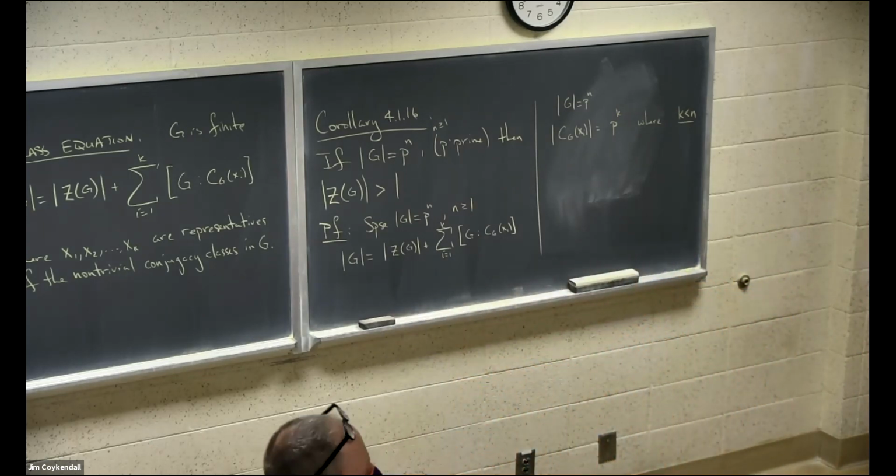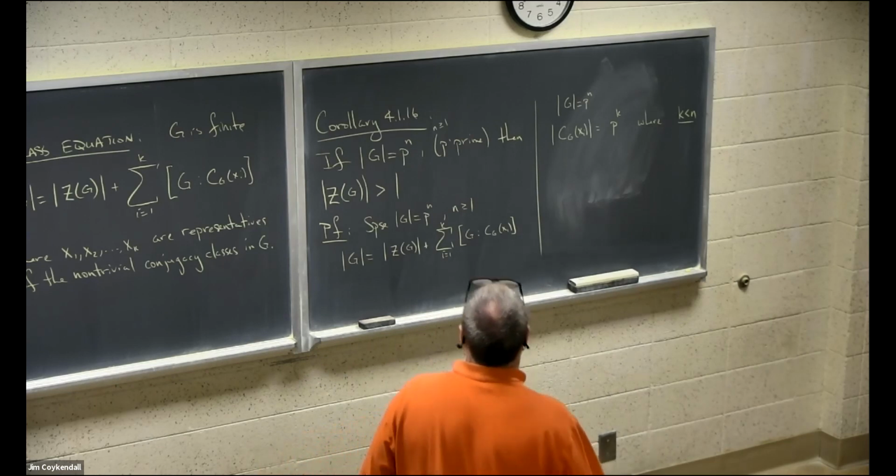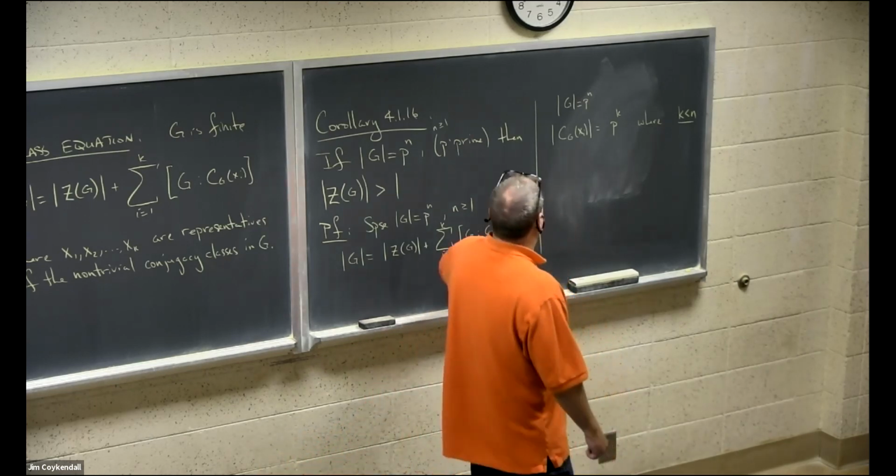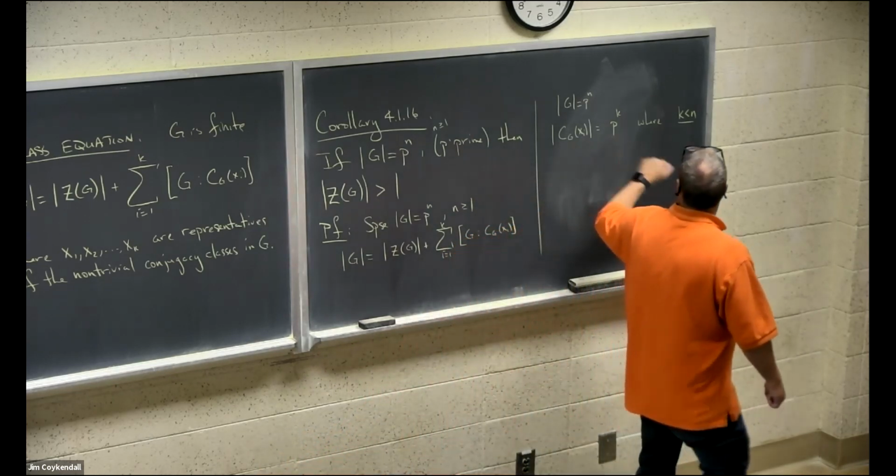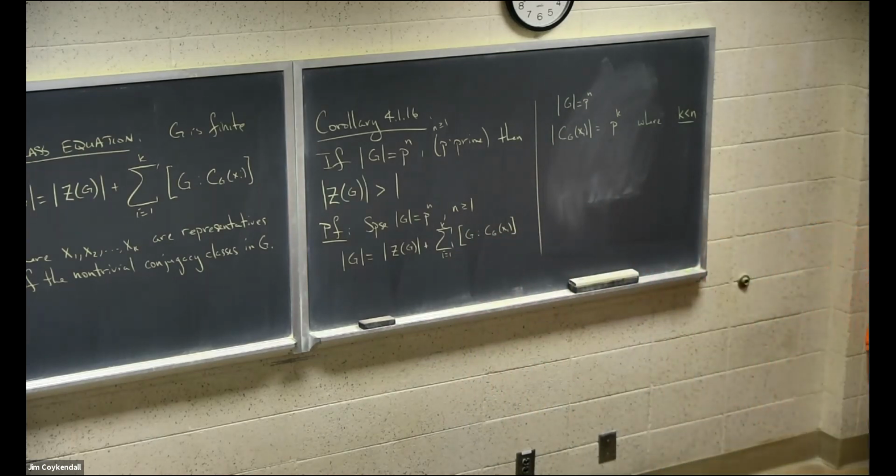Why is the centralizer of each one of these Xi's strictly less than the whole group? The center is not. Okay.